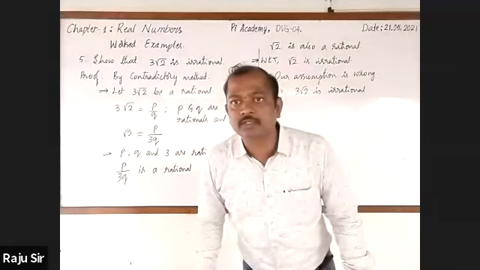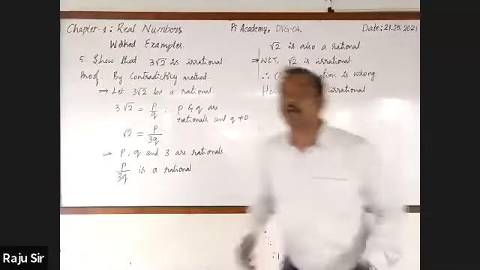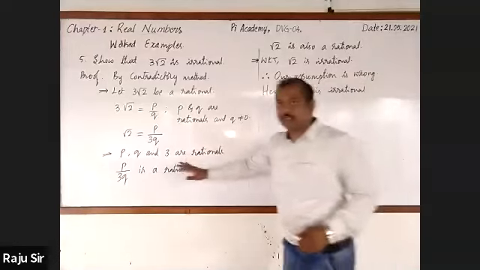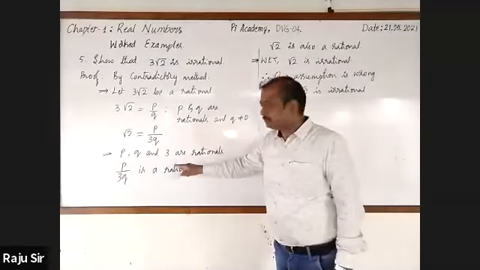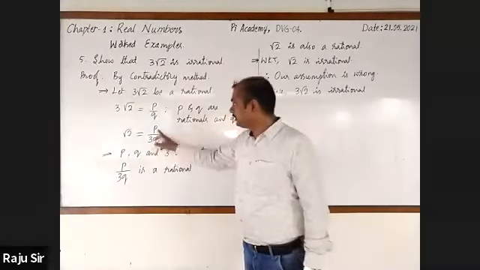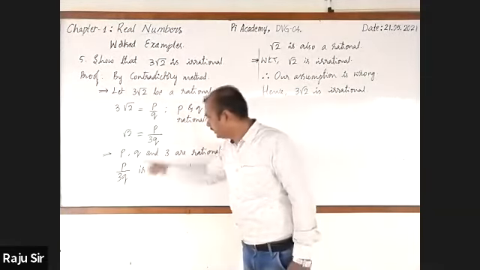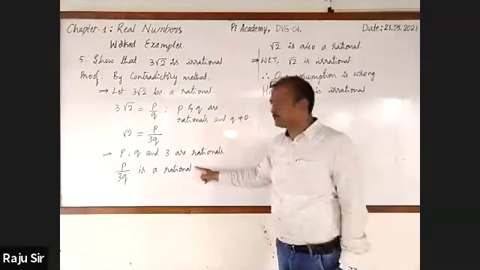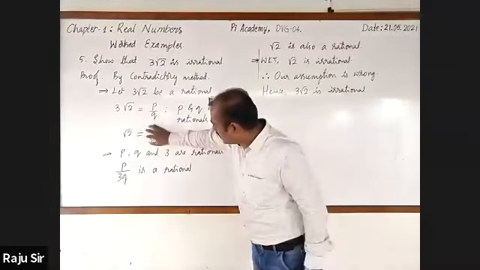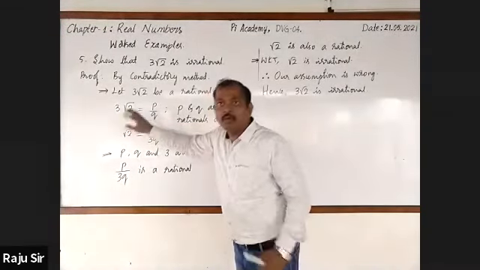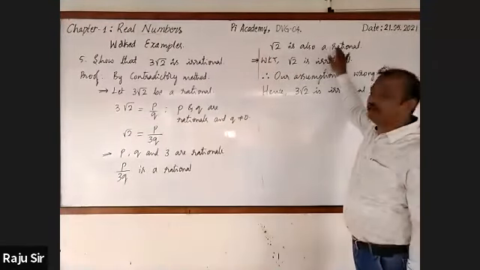How root 2 is rational, sir? Here, I told that. Once I repeat, here P, Q, and 3 are rationals. Then P by 3Q will also be a rational. As this rational is equal to root 2, root 2 will also be a rational.